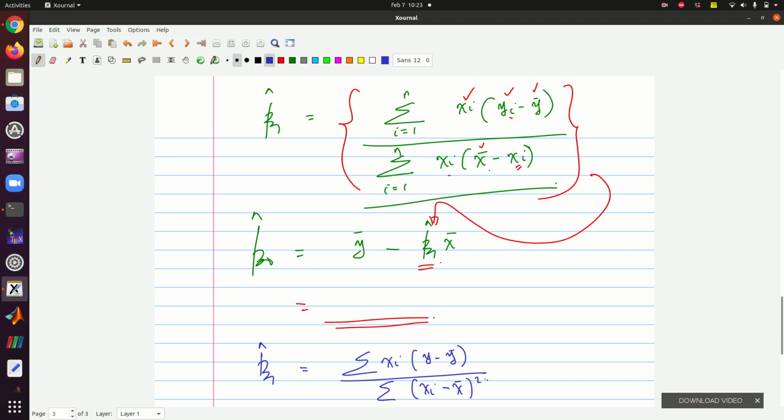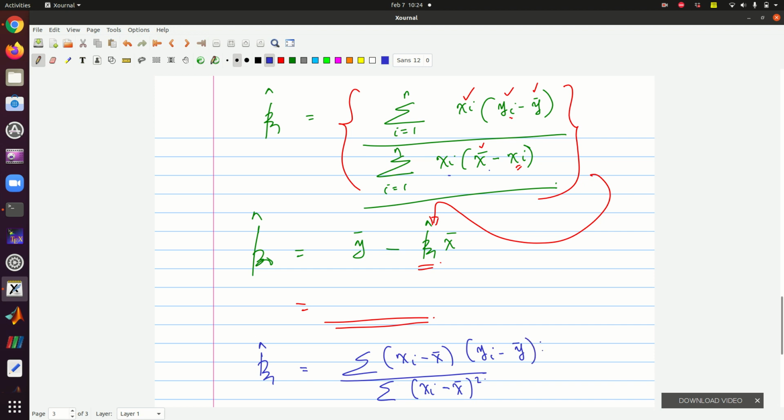And the equivalence is quite easy to find. It should not be that hard. Oh, by the way, even this one here is not the expression, that is slightly different. It is actually (xi minus x bar) instead of this, and then you have (yi minus y bar).